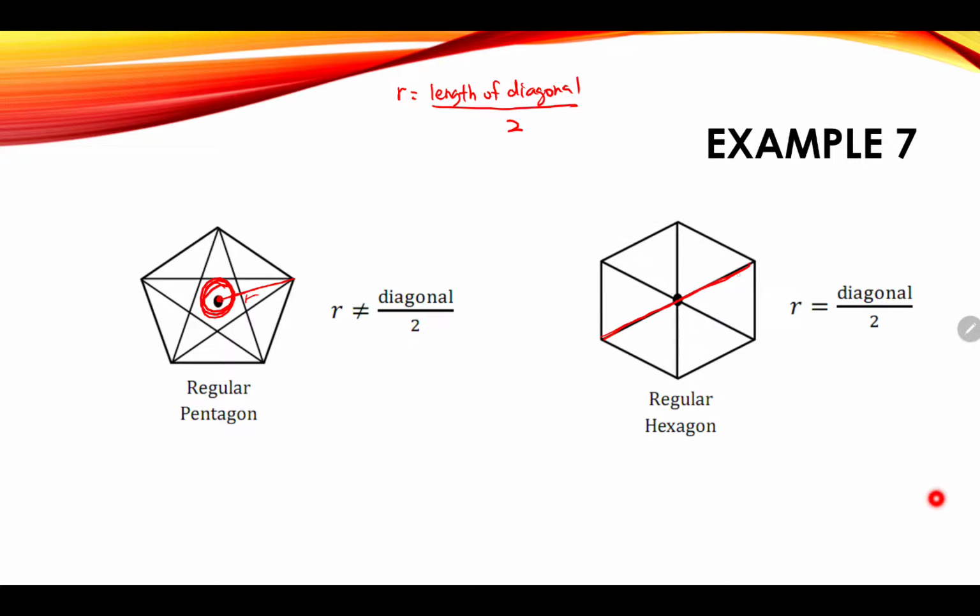Sebab apa? Okay, sebab betul-betul diagonal ni kalau bahagi 2 dekat sini, kita dapat R, radius. Okay, so itulah yang dikatakan formula ni tak boleh pakai untuk semua jenis polygon, hanya polygon tertentu sahaja. Kena check lah sama ada diagonal lalu center ataupun tidak.